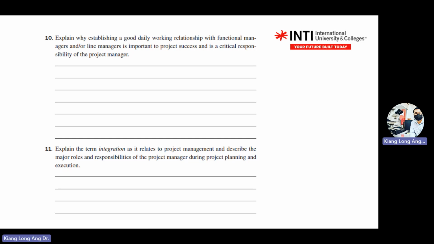And then as a project manager, what are the roles and responsibilities related to the integration process? Just now we mentioned two components and the process. So you as a project manager, how do you make sure there is a relationship between these two?